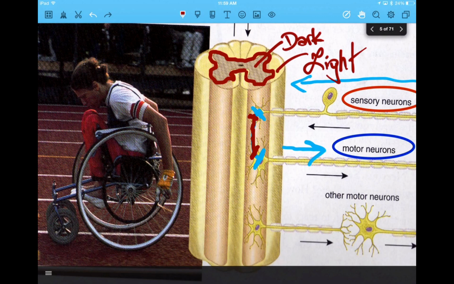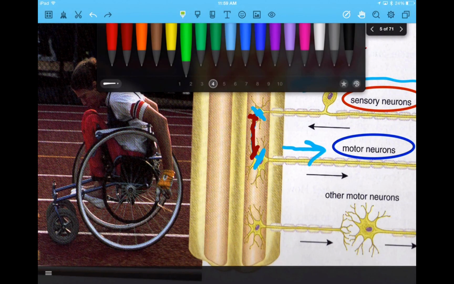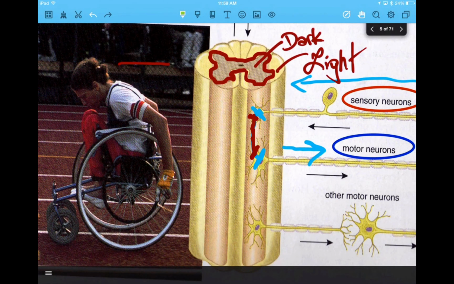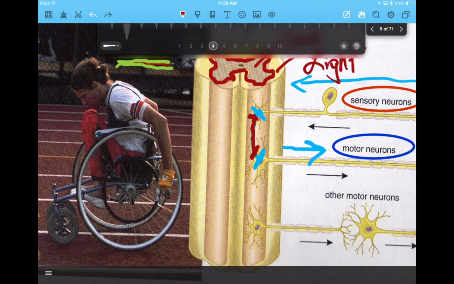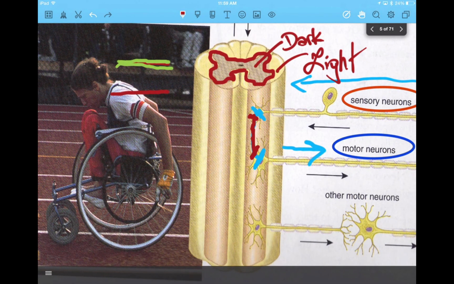So their wiring, I'll just draw it off to the side here, has a little bit of insulation around the outside of it, like this. Right? However, I'll just go back to the red color. Interneurons, they have no such wiring. They're just like bare wire.